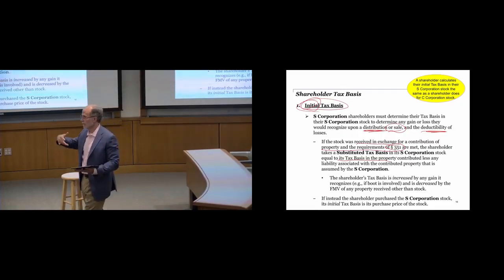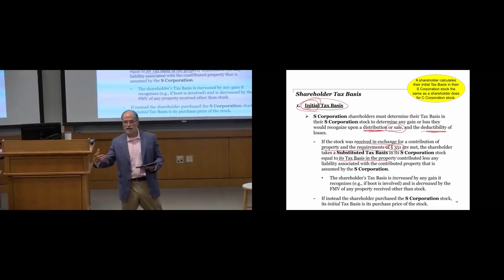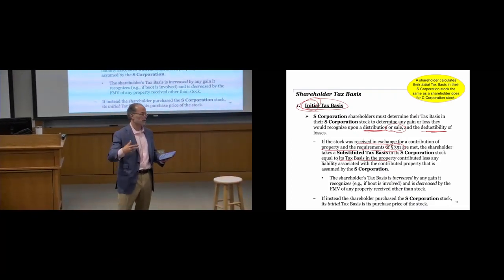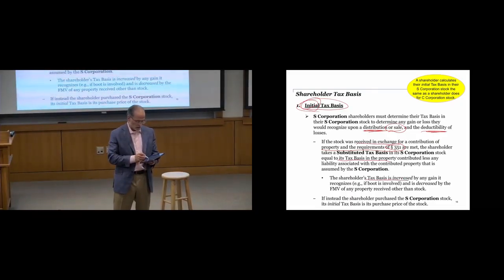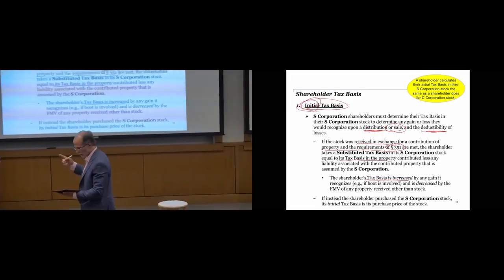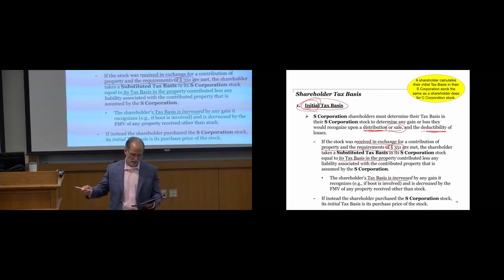I contribute property. If the corporation takes on my liability as part of that, then that reduces my outside basis. The shareholder's tax basis is increased by any gain it recognizes, if any boot is involved, and is decreased by the fair market value of property received other than stock.